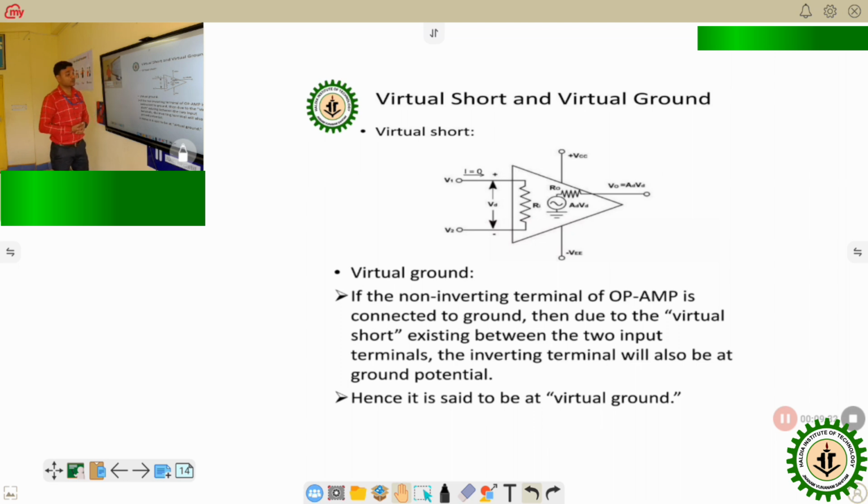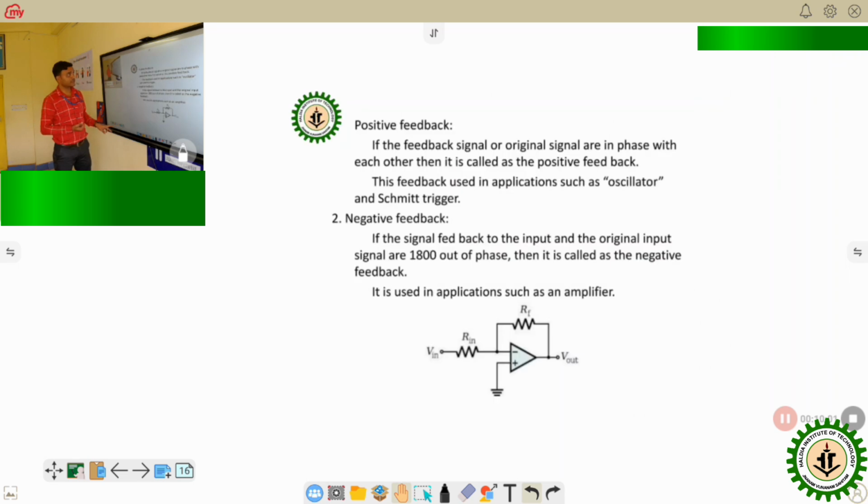Then, due to the virtual short existing between the two input terminals, the inverting terminal will also be grounded. It means the potential is at ground and there is no current sinking. Hence it is said to be a virtual ground. This terminal is not an actual ground, but a virtual ground. The potential is zero, with no current sinking.